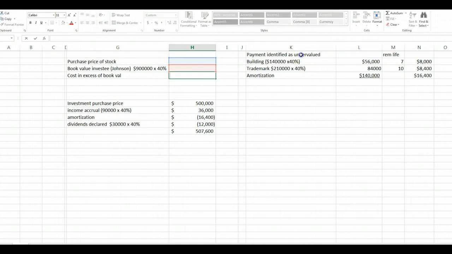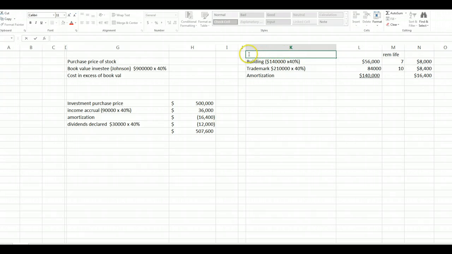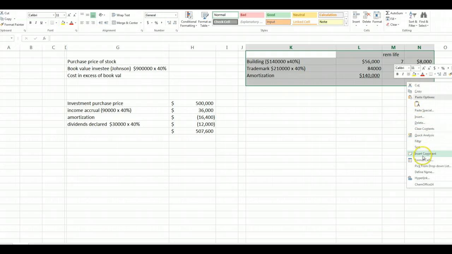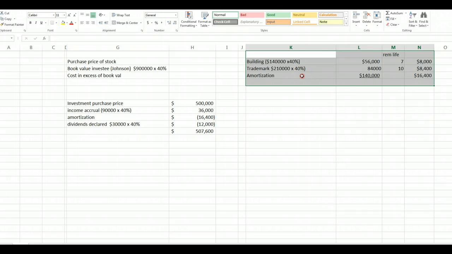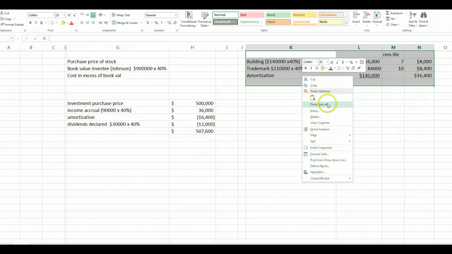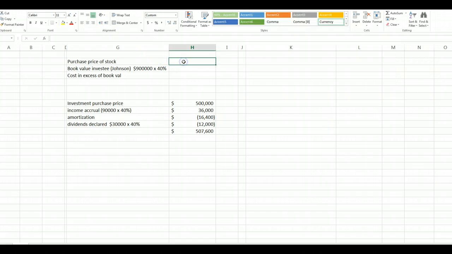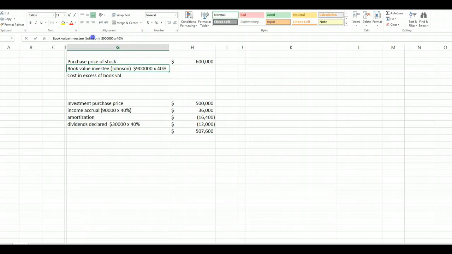The purchase price of the stock was $600,000. What was the book value? $1,200,000 times 40%.